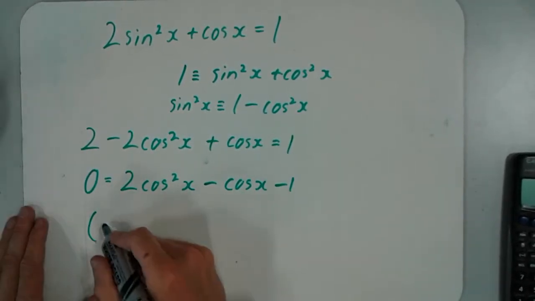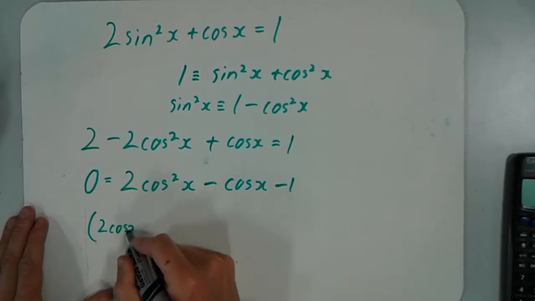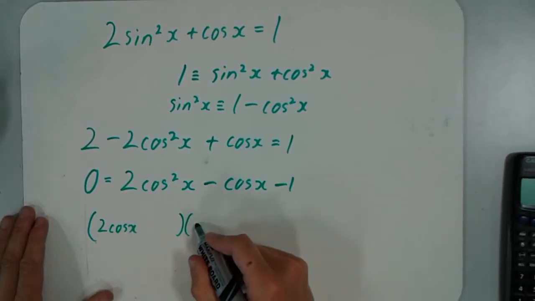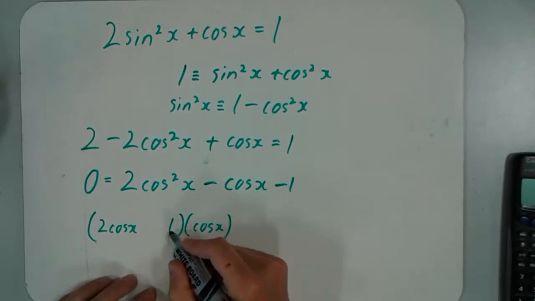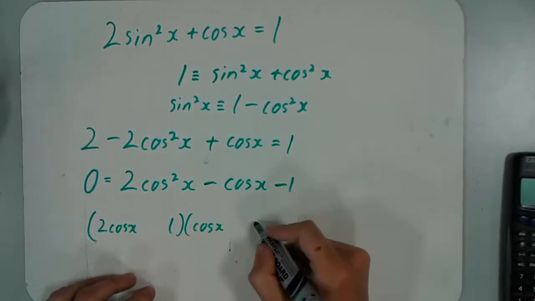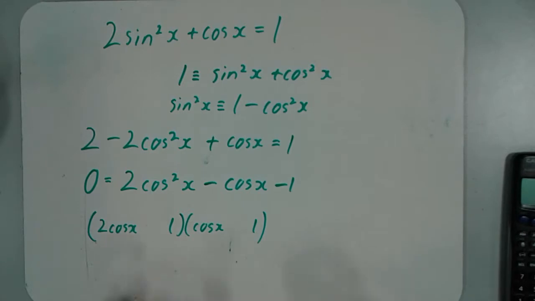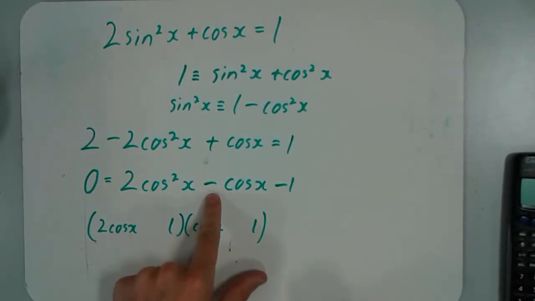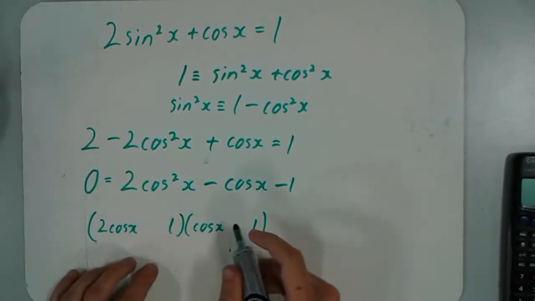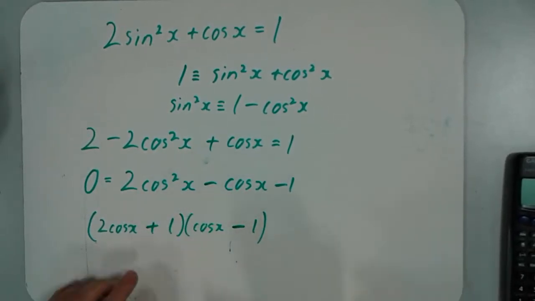So we know we're going to have a 2 cos x and then a cos x term. Must have a product which gives us 1, so we know that that's going to be a 1 and a 1. One of these must be positive and one must be negative, and we need a greater number of negative cos x's. So I need my negative there, my positive there.